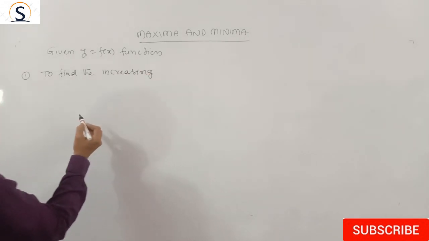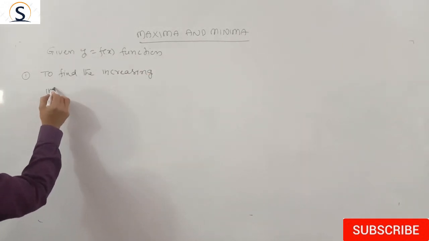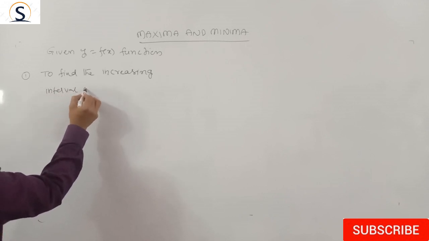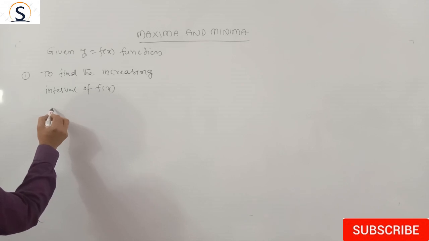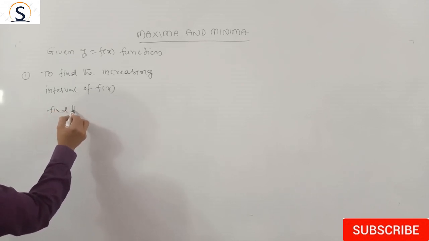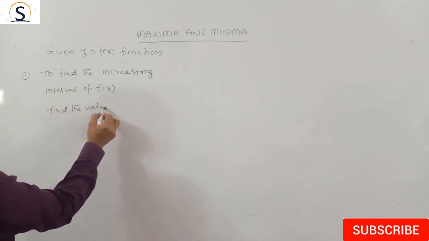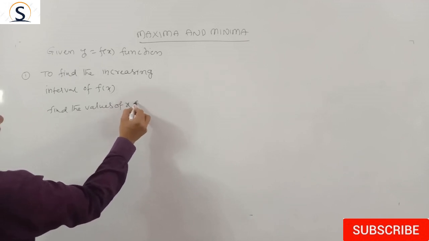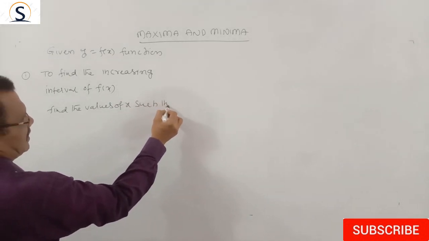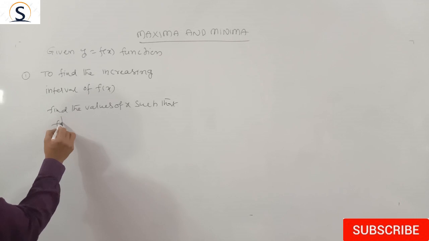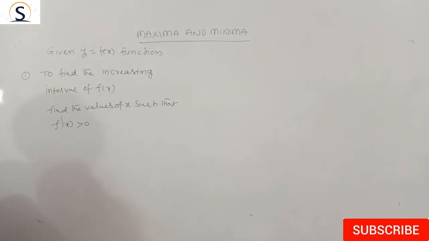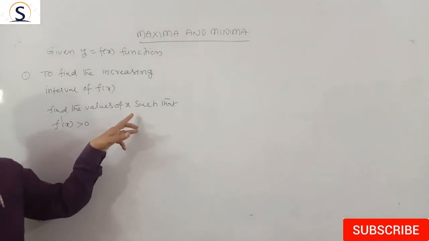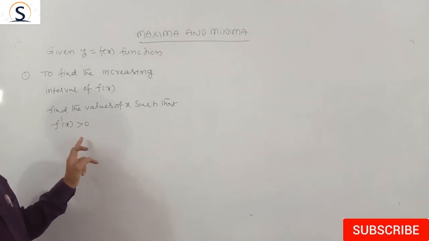To find the increasing interval of the function f of x, find the values of x such that f dash of x is greater than 0.